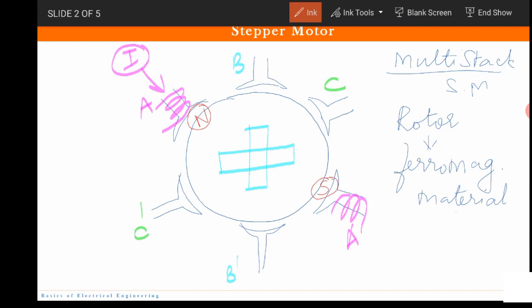Now see, to this north pole, which stack is very close? This particular stack is very close, isn't it? And this is made up of ferromagnetic material. So this gets attracted and moves towards north pole. Similarly, this particular edge is close to south pole. So this also moves towards south pole.